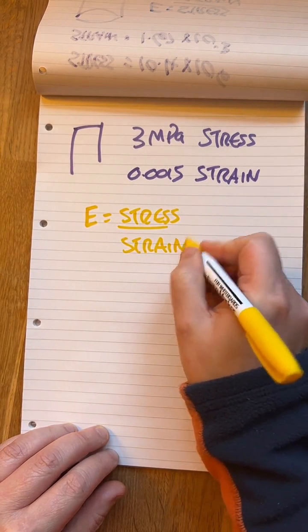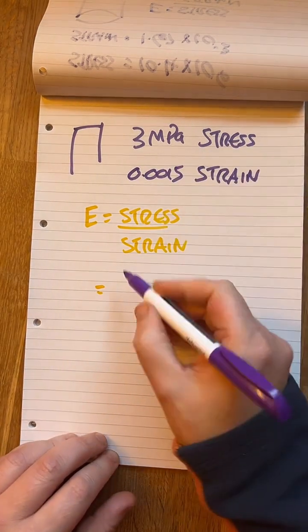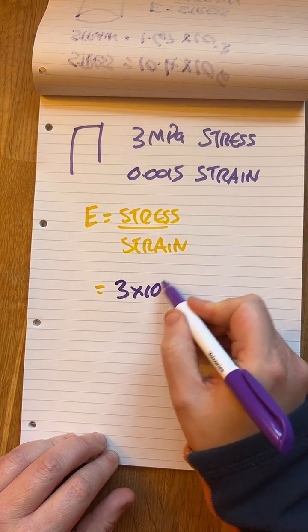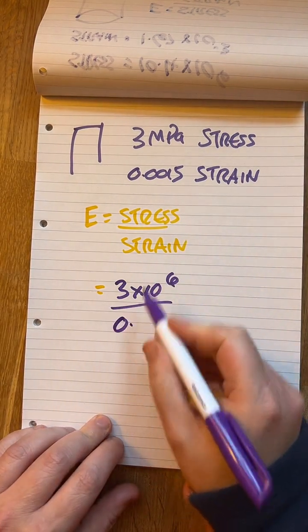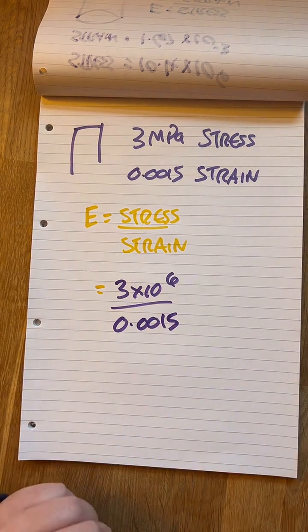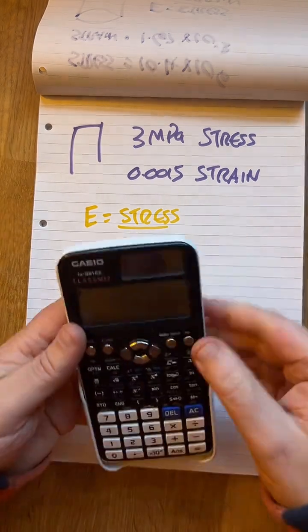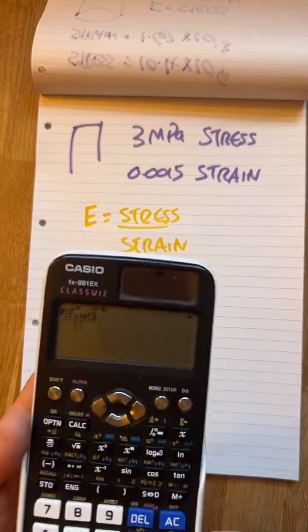Do it in the calculator before me if you want to. Stress divided by strain: 3 megapascals, 3 times 10 to the 6, divided by 0.0015. Don't forget the 10 to the 6.